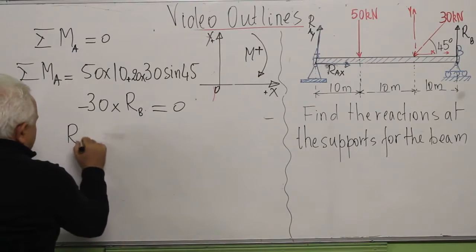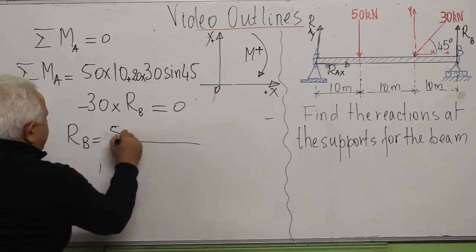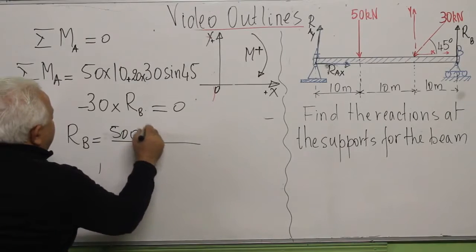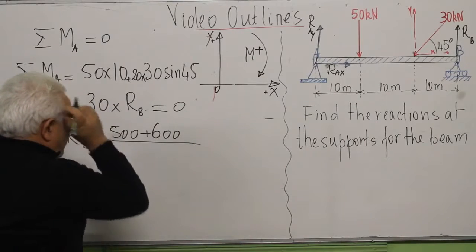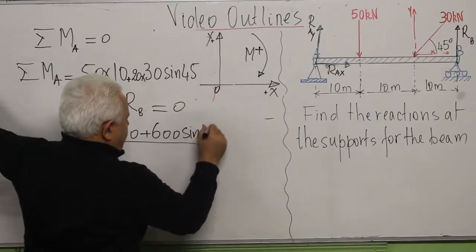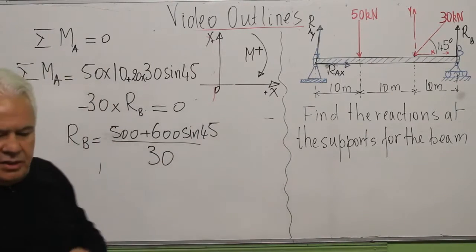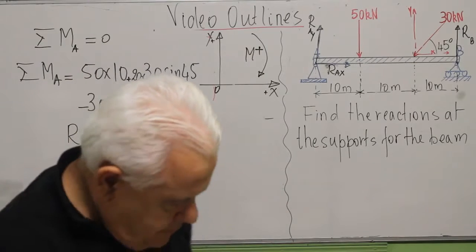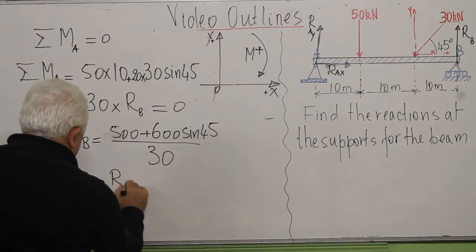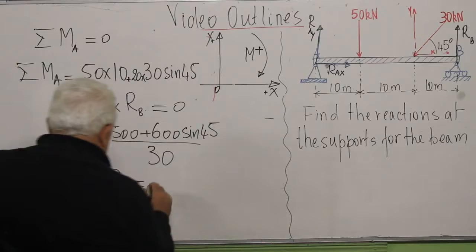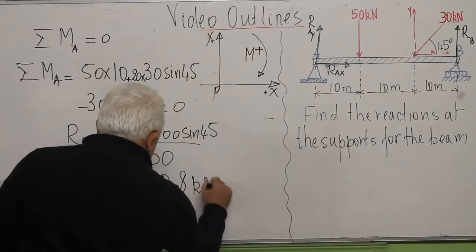Therefore, I've got RB equals 50 times 10, which is 500, plus 20 times 30, 600, sine 45, divided by 30. I did the calculations, and you got RB equals 30.8 kilonewtons.